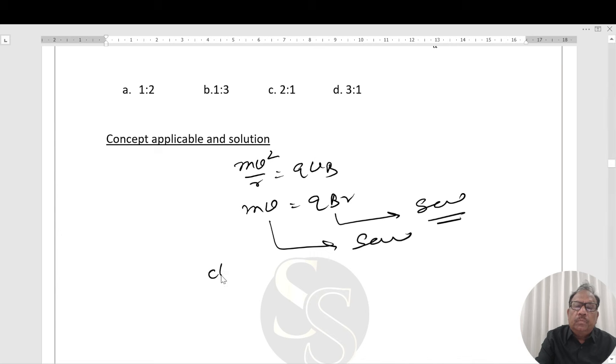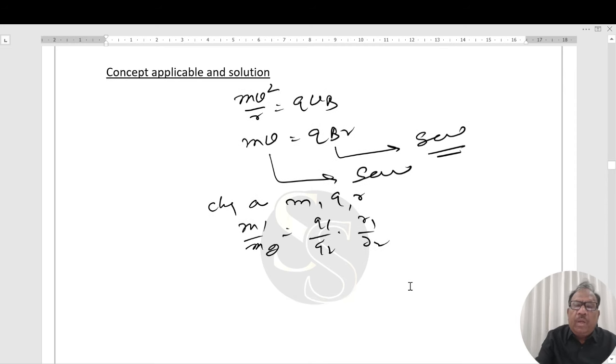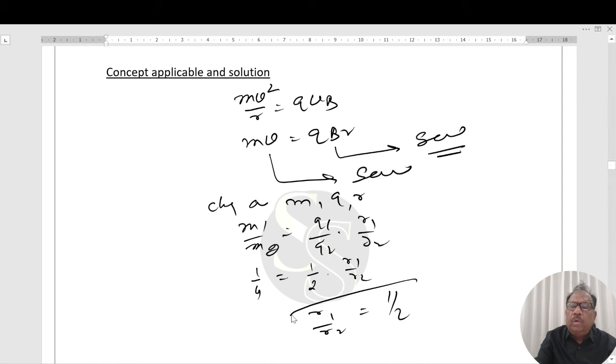Changing are mass, Q and R. Make the ratios: M1 over M2 equals Q1 over Q2 into R1 over R2. In this case, the answer will be found indirectly. Alpha particle, so 1 by 4, and this will become 1 by 2. Proton to alpha into R1 over R2. R1 upon R2 comes out to be 1 by 2.